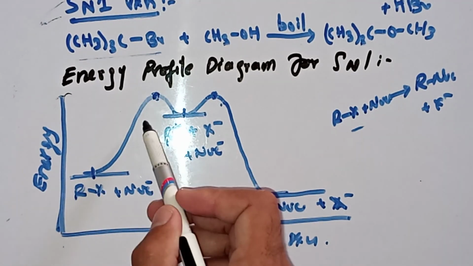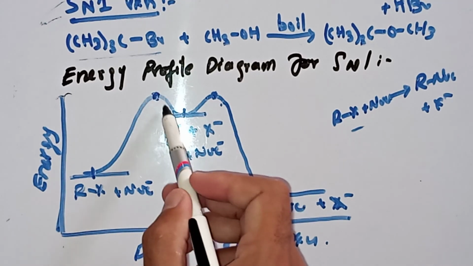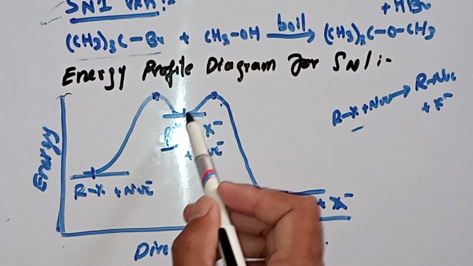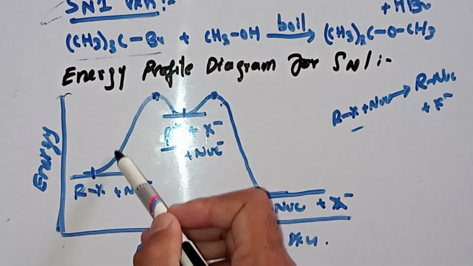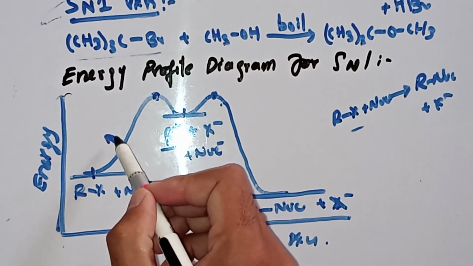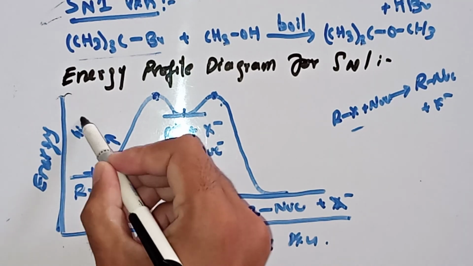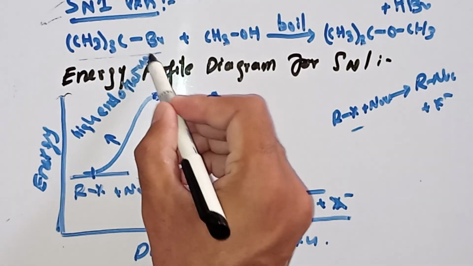In the first step, the transition state is produced. After the transition state, the intermediate forms. After the intermediate, the second step requires much less energy than the first step. The first step will be highly energetic, highly endothermic.